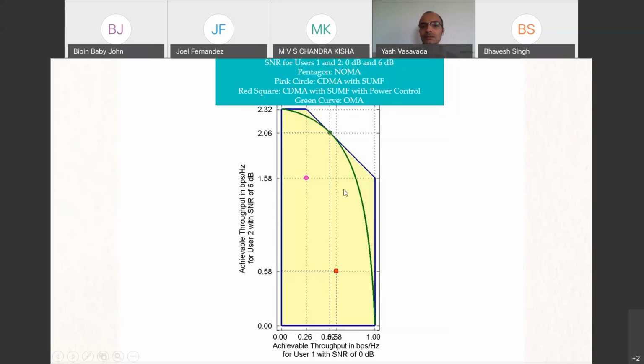On the other hand, if we don't do power control, then the problem is that in CDMA, yes, user 2 will get a higher data rate of 1.58, but user 1 will suffer because we are not doing power control. So in case of red, user 2 is unhappy. In case of pink, user 1 is unhappy.